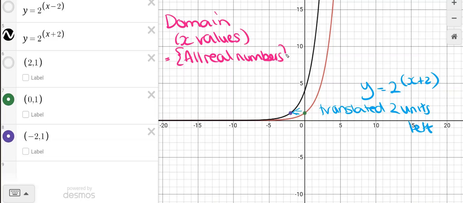And the range is going to be the y values. So what do we know about the y values? Well, it's going to be any value that's greater than 0. So y is greater than 0.